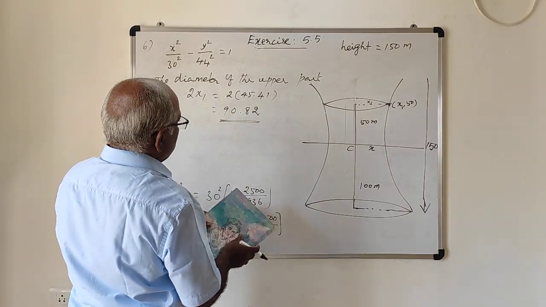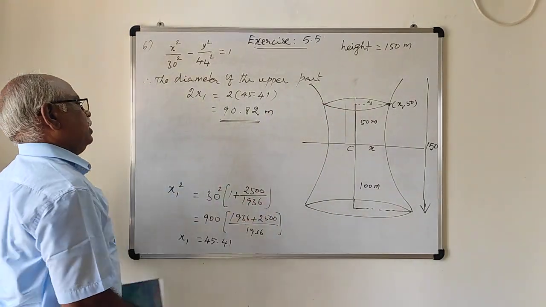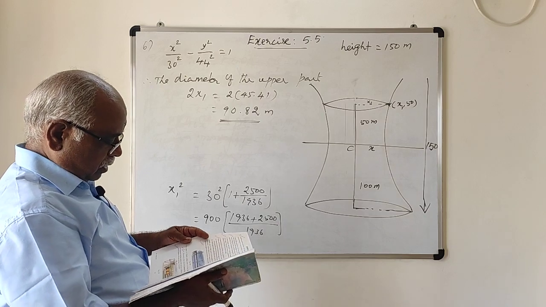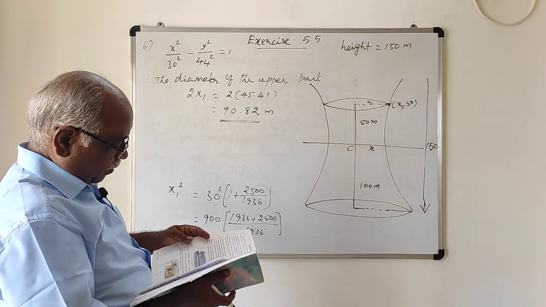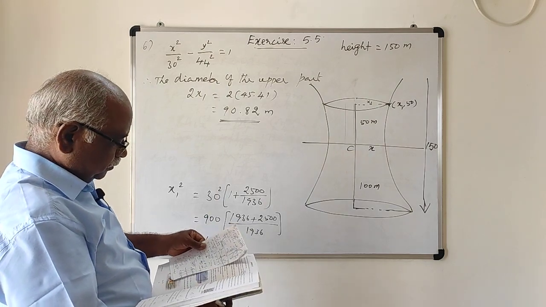That is the diameter of the upper part of the tower. Similarly, you have to determine the diameter of the lower part the same way.